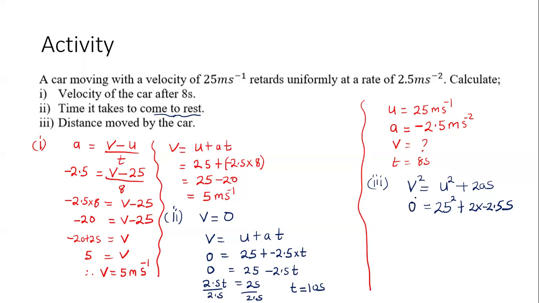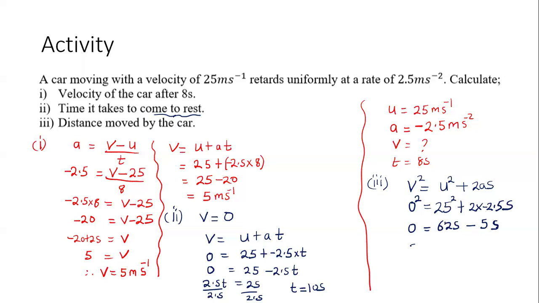Don't forget that this one is going to be 0, because the previous question told us that this car came to rest. So here we shall have 0 is equal to 625 minus 5s.